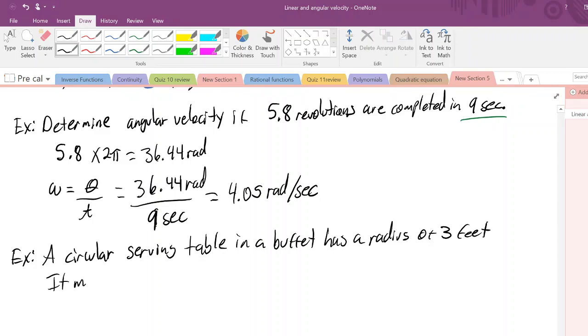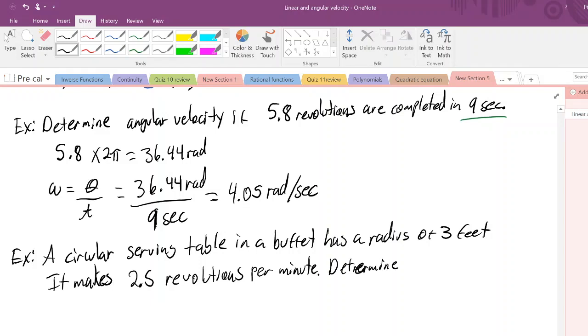It makes 2.5 revolutions per minute. Determine the angular velocity in radians per second. Okay, so this is another conversion.